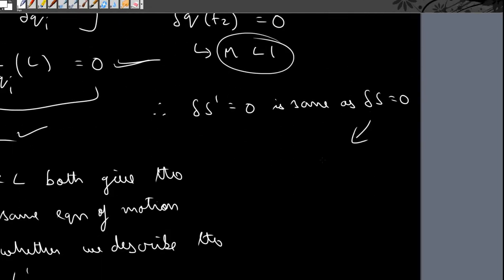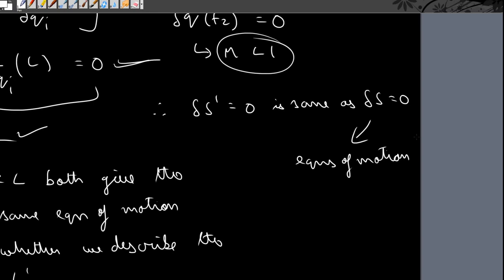And this is obviously going to give us the equations of motion, because when the variation of S goes to 0, S is getting minimized, and minimization of S implies the Euler Lagrange equation for the Lagrangian corresponding to S is satisfied, which means we get the equations of motion.